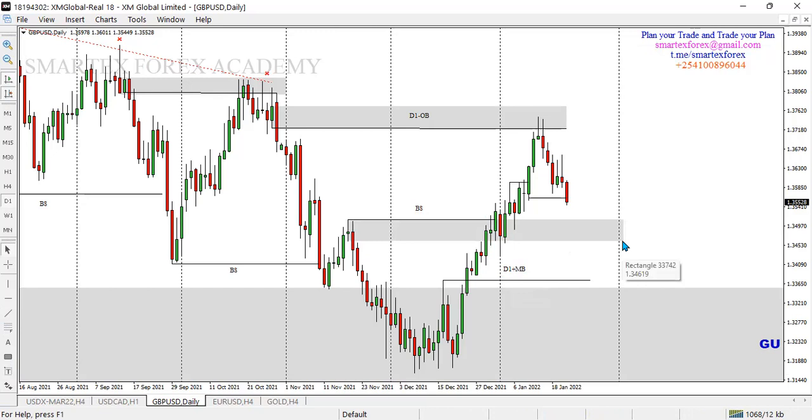See that zone? That's where I'm expecting the price maybe to react. If it fails to give me a buy reversal setup here, then I'll place my emphasis on this daily mitigation block before we go up. The same case as the dollar index, where we needed to see an up move before a drop. So here again, I expect a down move before the up move.